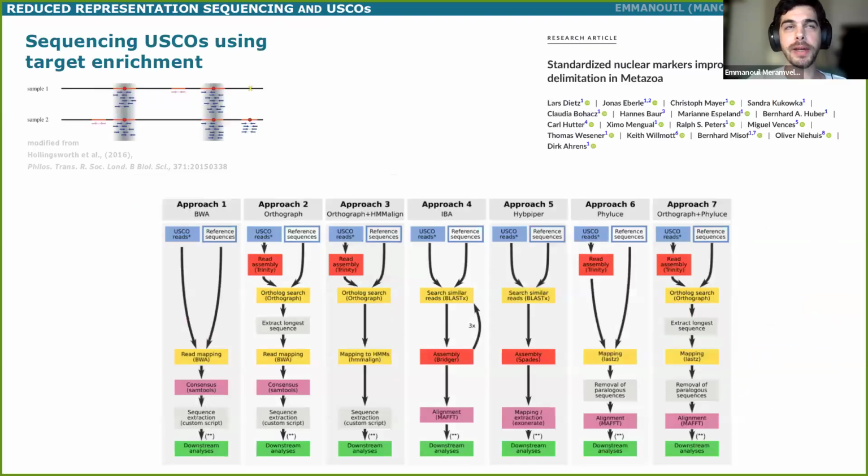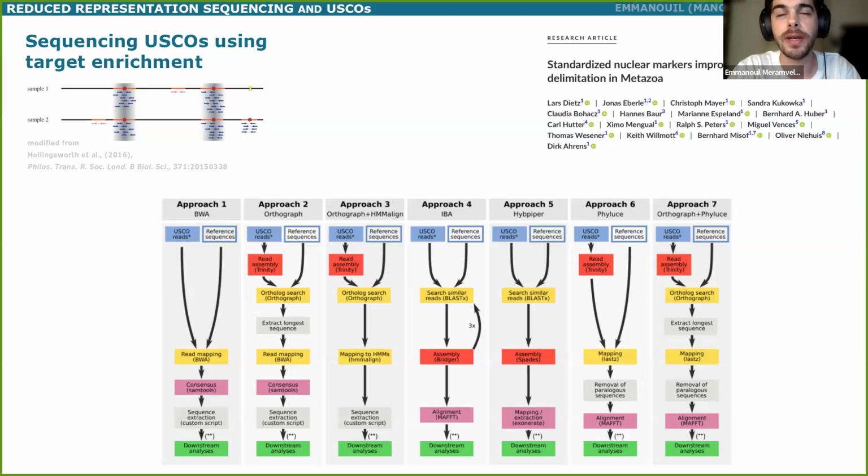So for the latter part, the whole genome assembly, different approaches have been published using reduced representation sequencing like target enrichment, where they created probes in order to get these BUSCO loci from different genomes without a whole genome assembly.